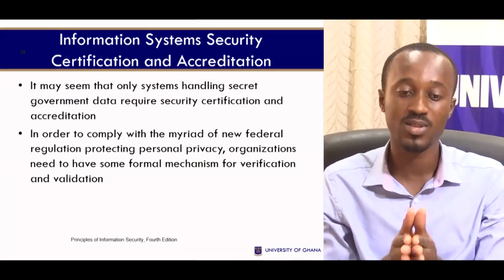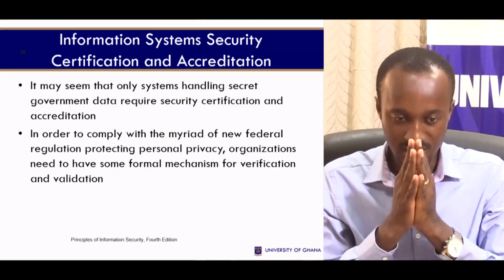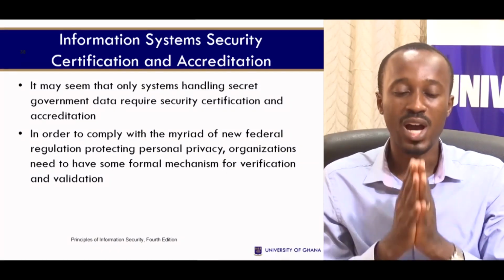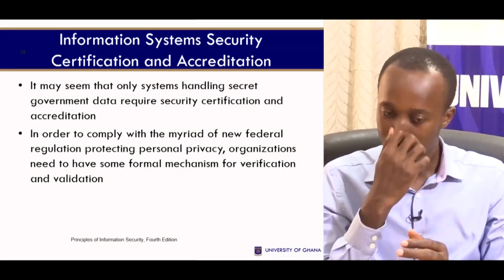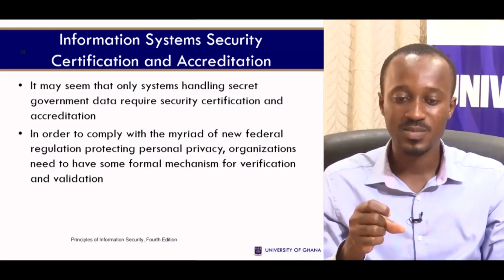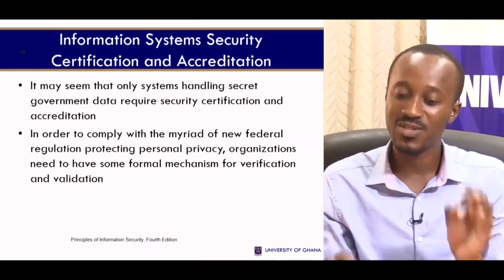This is a very important thing. So every organization needs to be able to acquire, in accordance with the new federal regulations, personal privacy in the form of a formal mechanism for verification and validation.